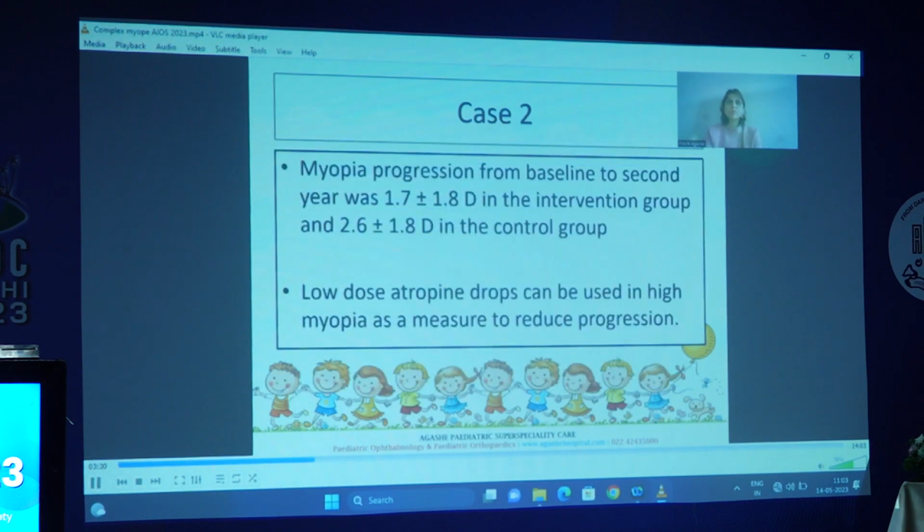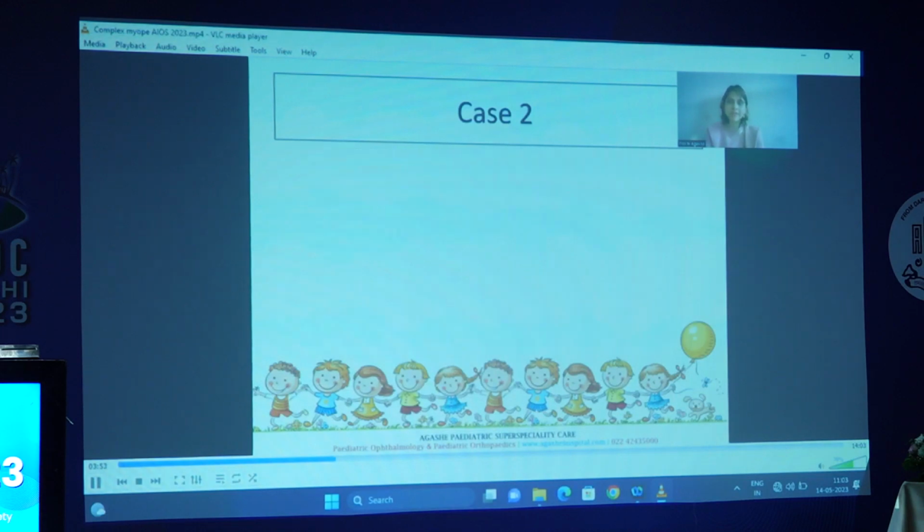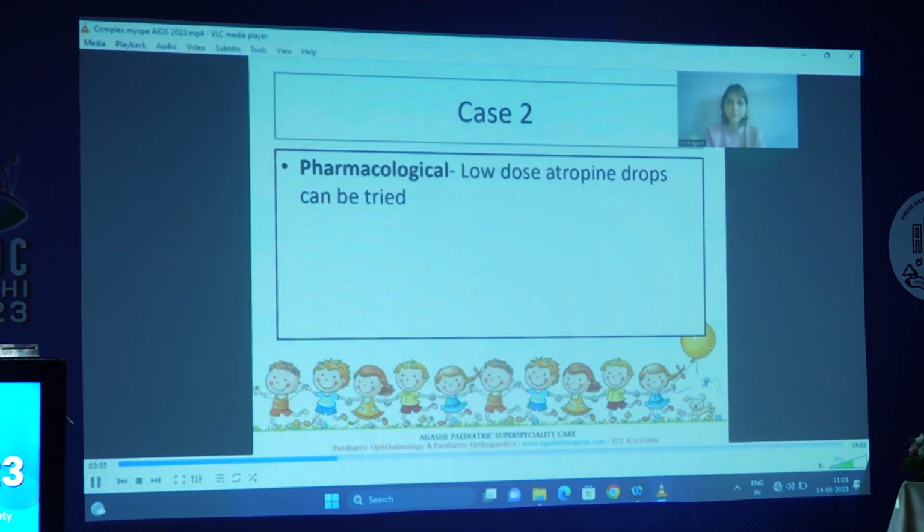And this study showed positive results with myopia progression being controlled from baseline to second year, with the control being better in the intervention group as compared to the control group. And they concluded that low-dose atropine drops can be used in high myopia as a measure to reduce progression. So even in the high myopia cases, this option does stand for us as a control measure.